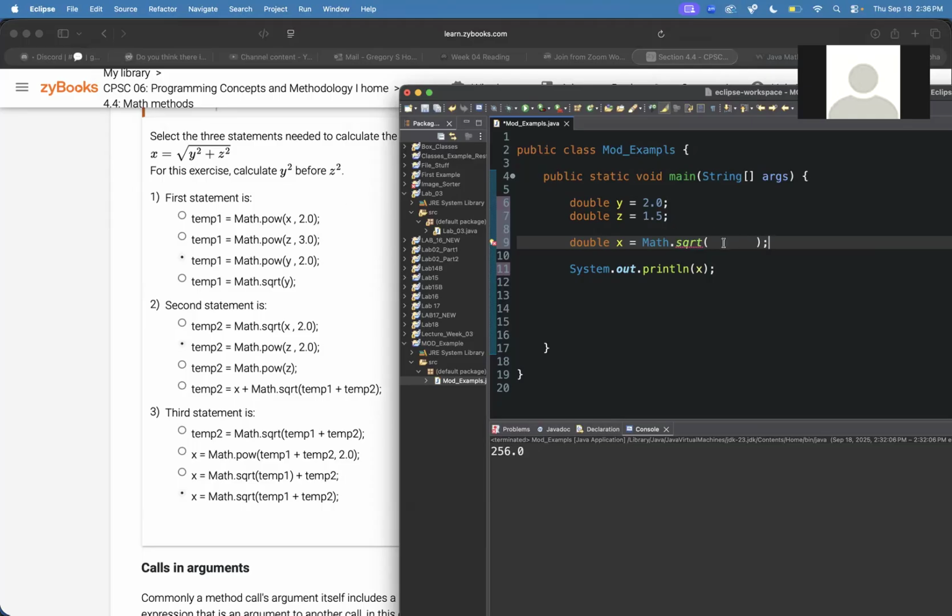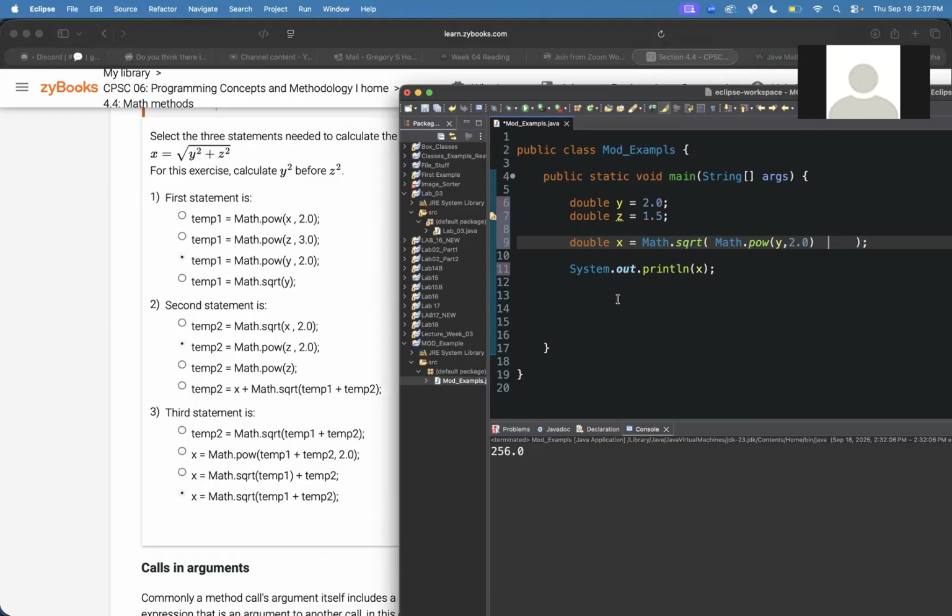Now, the easiest way to do y squared would just be y times y like that. But if I want to use the power function instead, I could calculate y squared with math.pow y and 2.0. The autocomplete tried to put an x in there, but that was wrong. So math.pow y 2.0, that is the y squared.